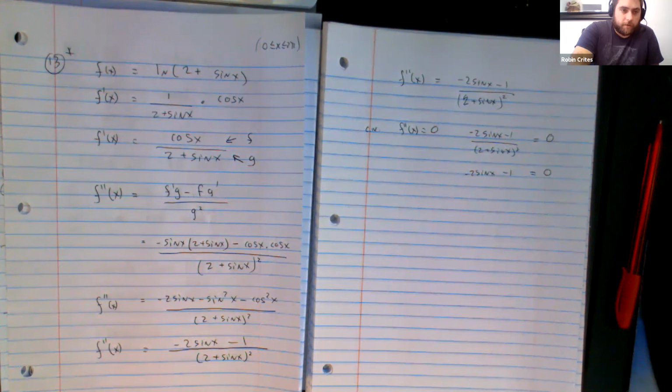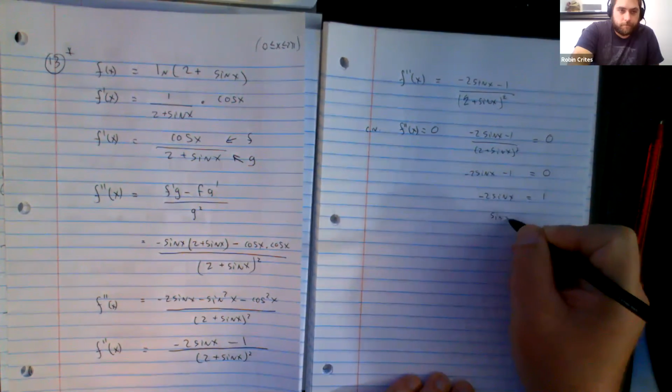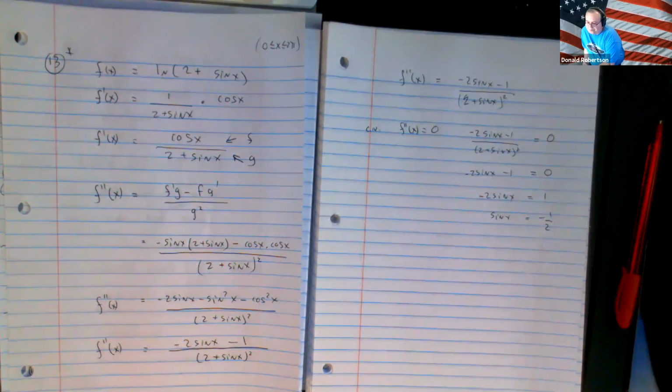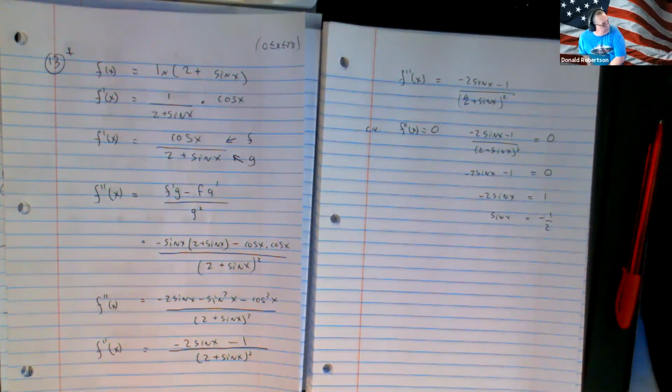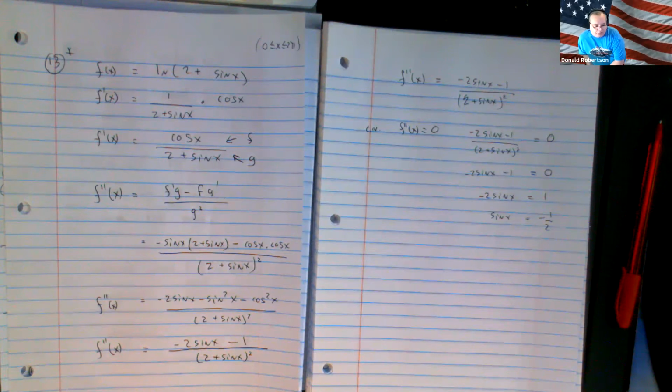Let's try plus 1 and divided by -2. Okay. Yeah, let's go there, right? Can I check that? 2 plus sine x. Looks good.